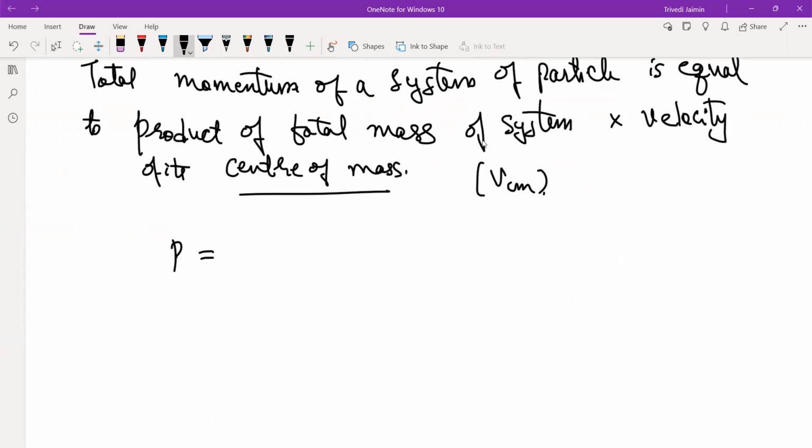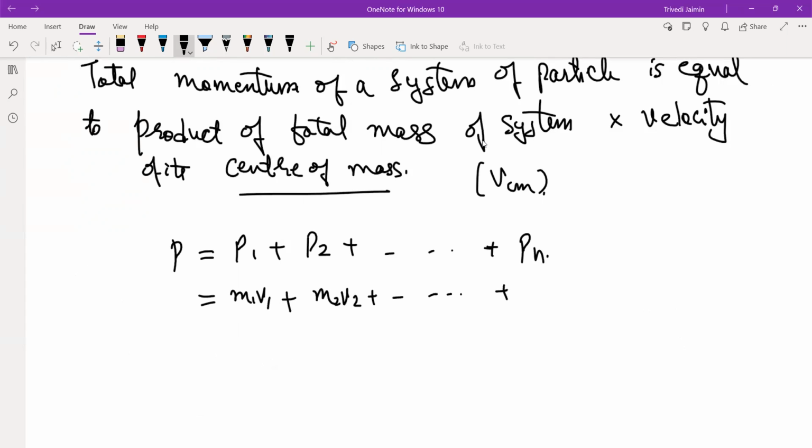So momentum equals P1 plus P2 plus, and so on, plus Pn. P1 is M1 V1, P2 is M2 V2, Pn is Mn Vn. That is P.